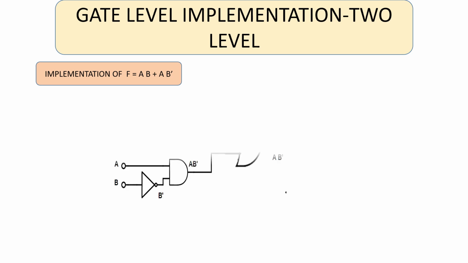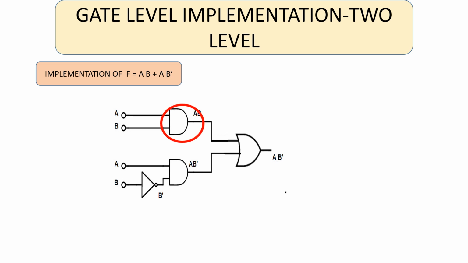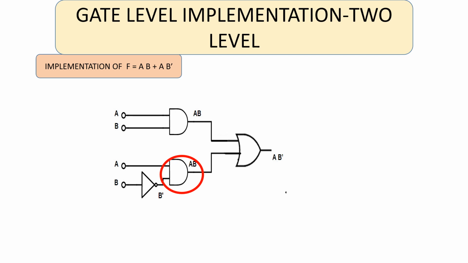So now this is the complete realization, but now I'll do it on a step-by-step basis. The first term is AB. AB is realized using the first AND gate. The second term is AB bar. To implement AB bar, an AND gate is again taken.